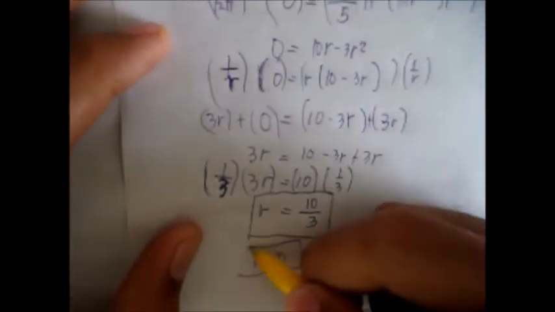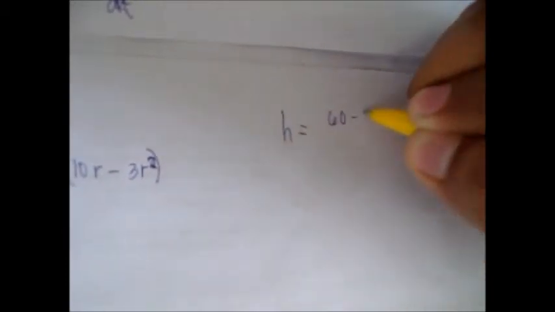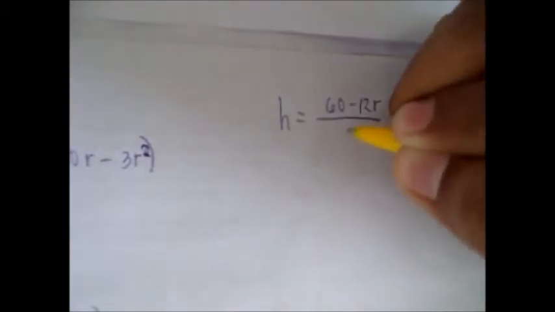Since we let the derivative equal 0, r is also equal to 0. With these radii, we need to substitute into our previous equation for the height, which is h is equal to (60 minus 12r) over 5.